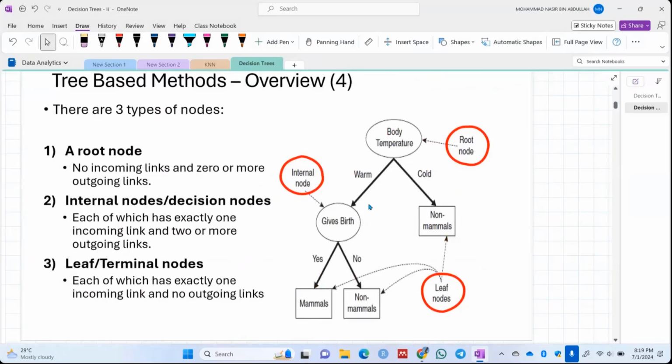We have a root node, child node, or internal node, and we need to determine which variable to be the root node, right? Which variable to be the root node.